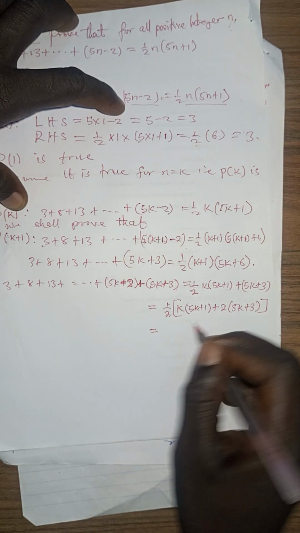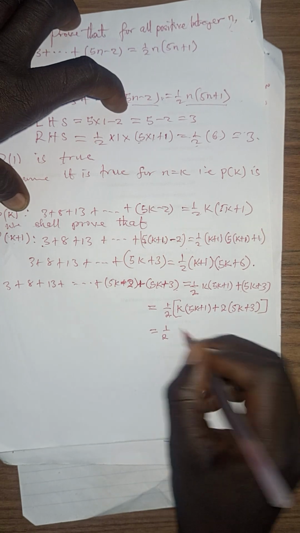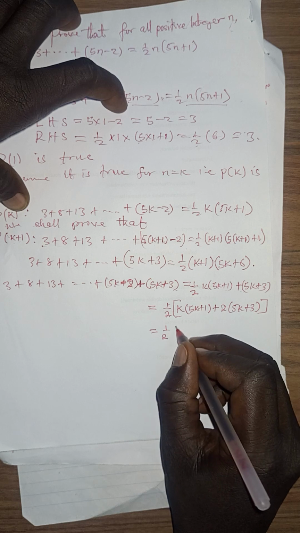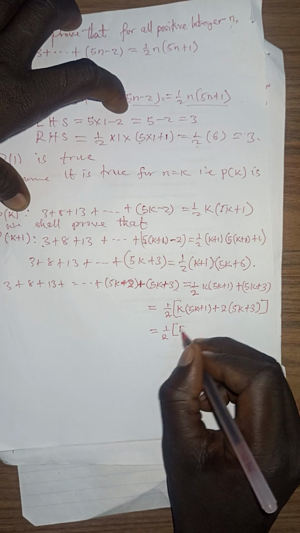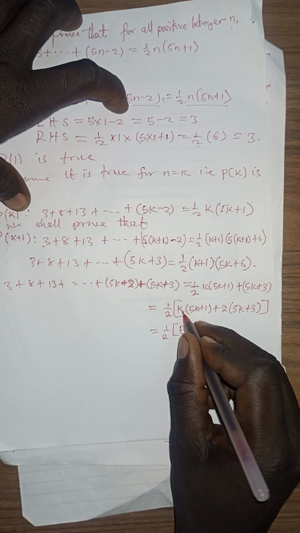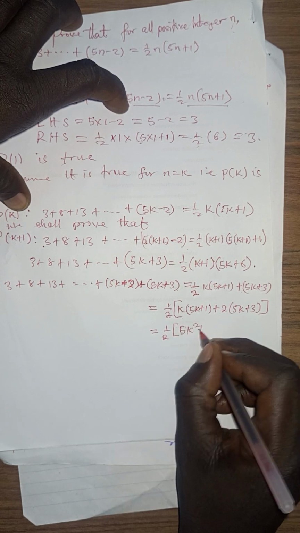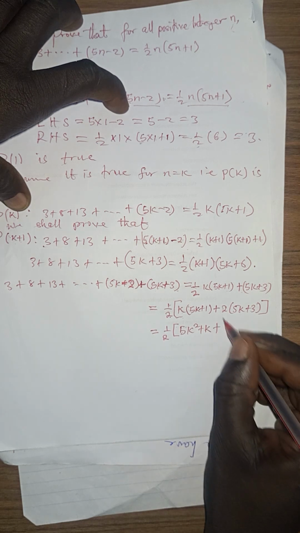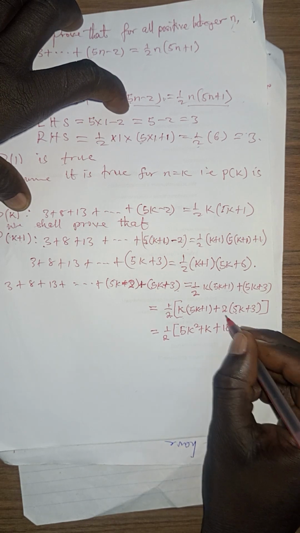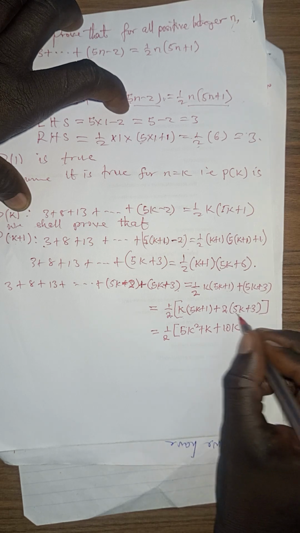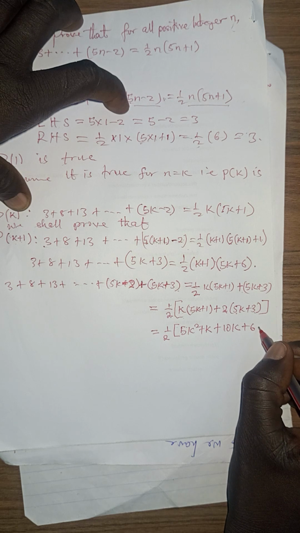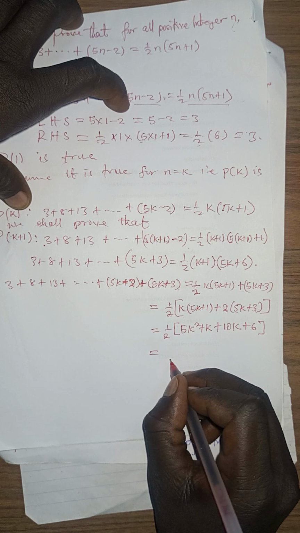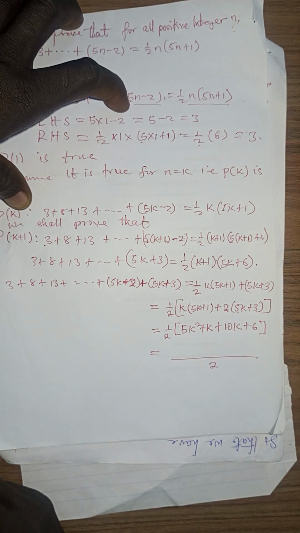Then we have 1 over 2 into 5k squared plus k, and then plus 2 times 5k, 10k, plus 2 times 3, which is 6.